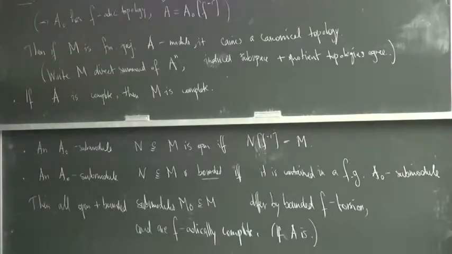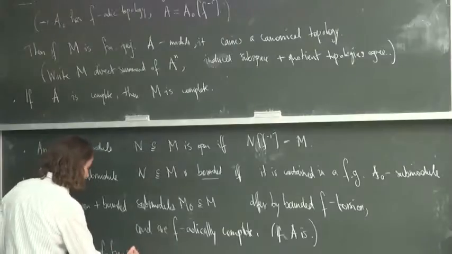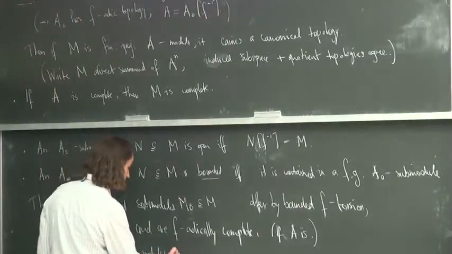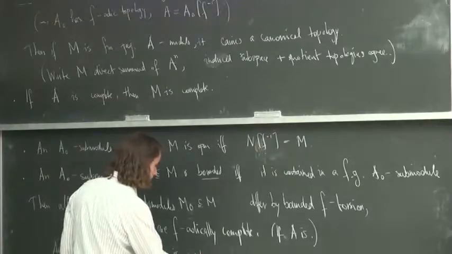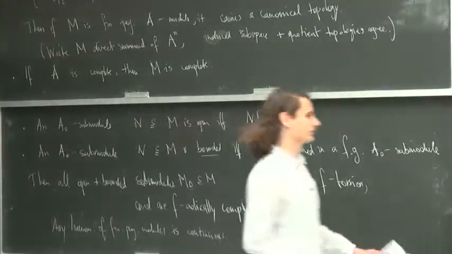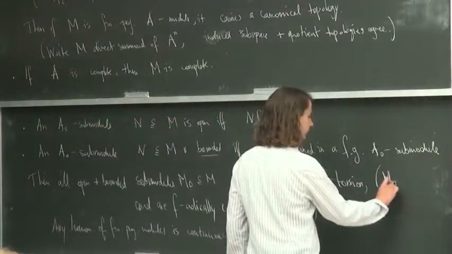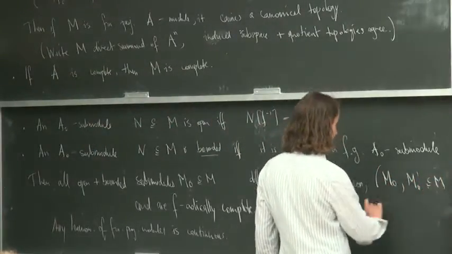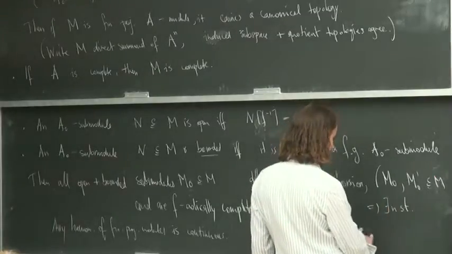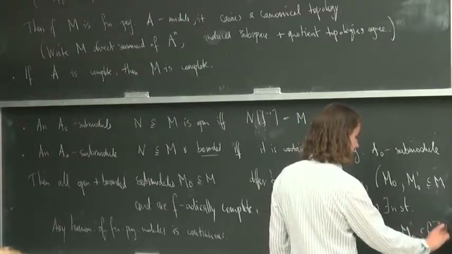Any homomorphism between finite projective modules is automatically continuous also. And any surjection is open. They differ by bounded f power. Right. If you have M0 and M0 prime, such guys, then there exists some n such that f to the n M0 is contained in M0 prime is contained in f to the minus n M0.